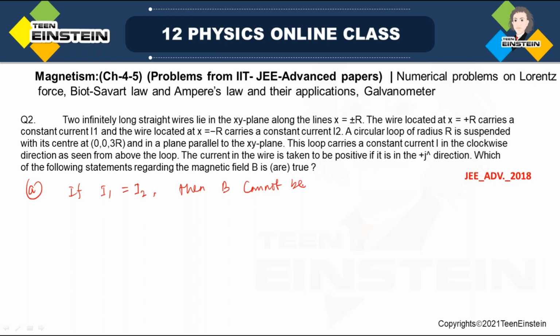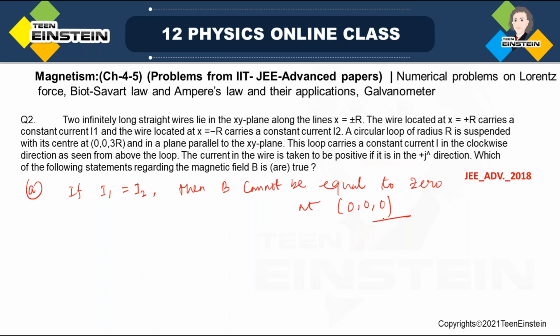This wire may produce magnetic field B1 in this direction, and again both will be in the same direction, that is in the negative y direction. So due to the wires, magnetic field will be in the negative k direction, and due to the loop also magnetic field will be in this direction.